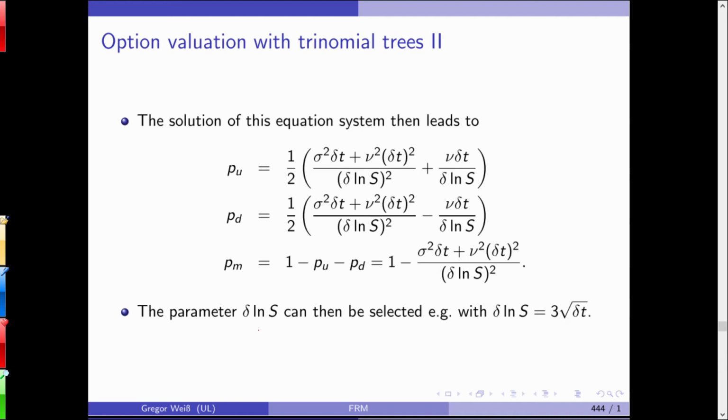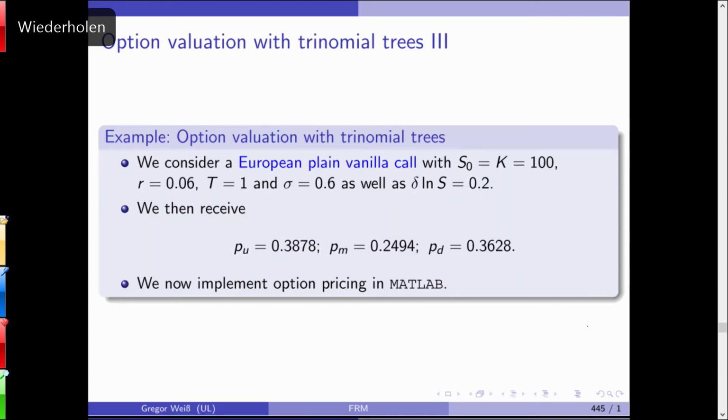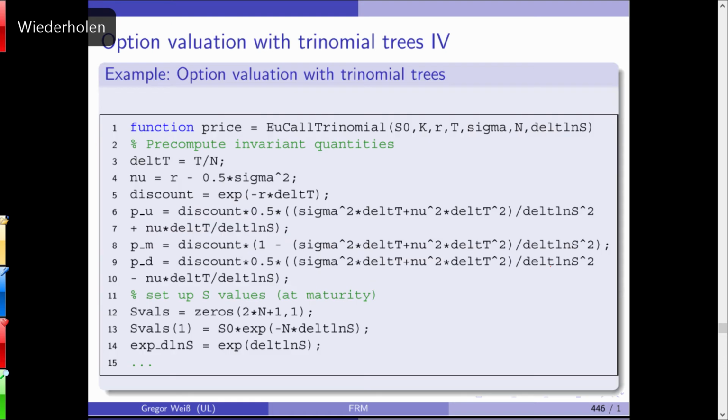The parameter delta ln S can then be selected, for example, via this. You don't need to memorize it. But in this case, you can do the same in MATLAB again. Just use the formulas, program it, and in case you have a European plain vanilla call, you get these three probabilities here, and it's the same in MATLAB.